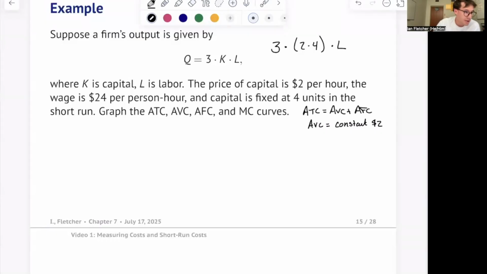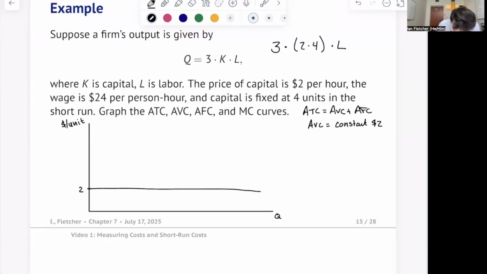So when we're throwing all of these together, with Q here and dollars per unit of output here, our AVC is going to be fixed at 2.